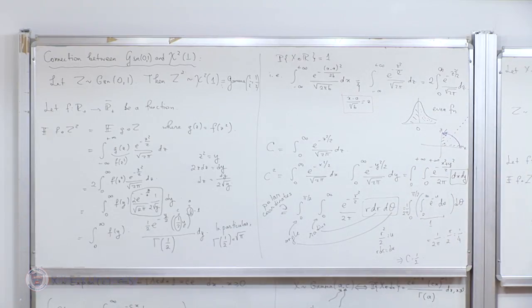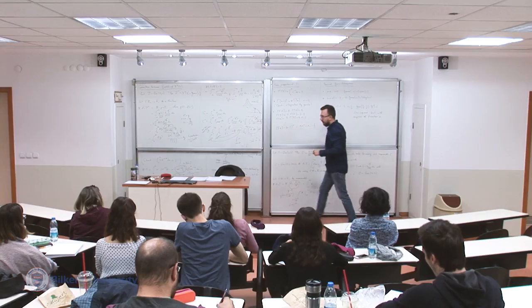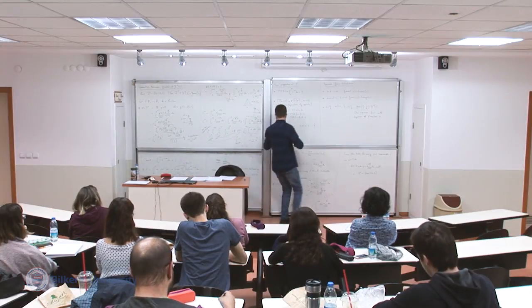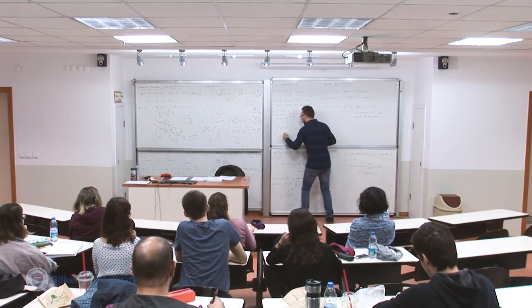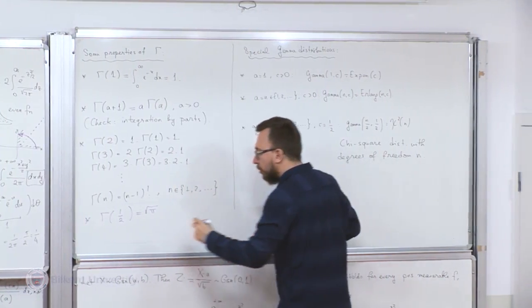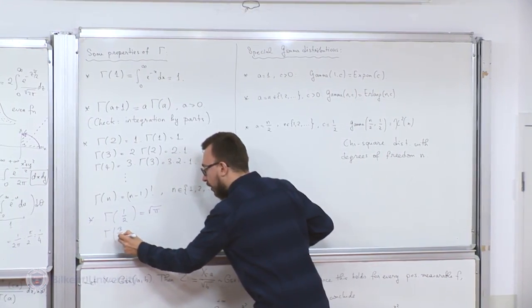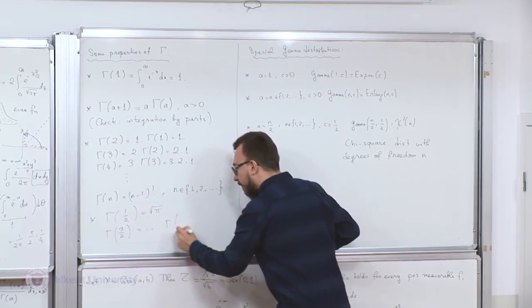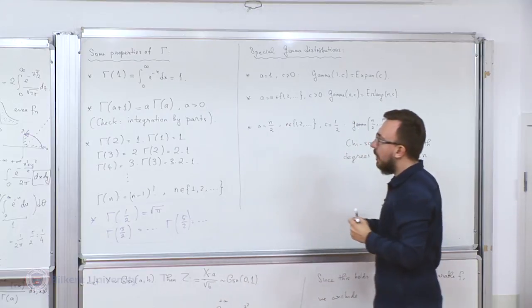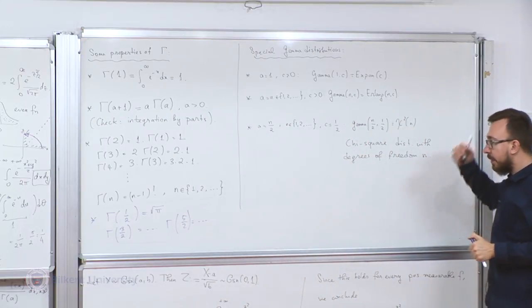So you can add it to your list of special properties of the gamma function. Let's add it here. Gamma 1/2 is square root of pi. So you can also calculate gamma 3/2, gamma 5/2, etc., using this recursive formula.